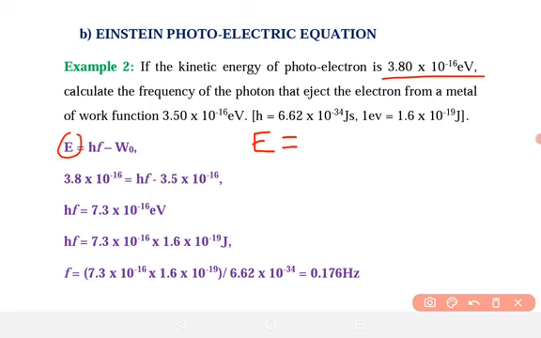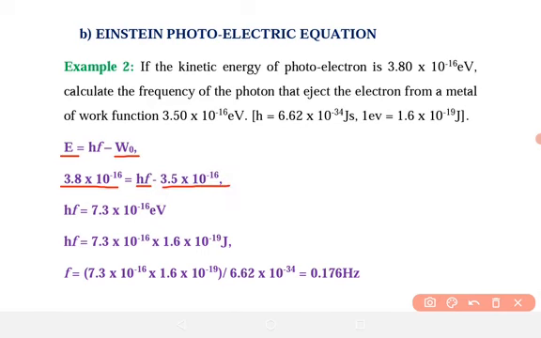Kinetic energy is E. We have our work function, which is W naught, given as this, and we have to find our frequency here. In order to do that, let's substitute the values given in the question into this equation. This is our kinetic energy in place of E. We have our hf here, and we have our 3.5 times 10 to the power minus 16 in place of work function.